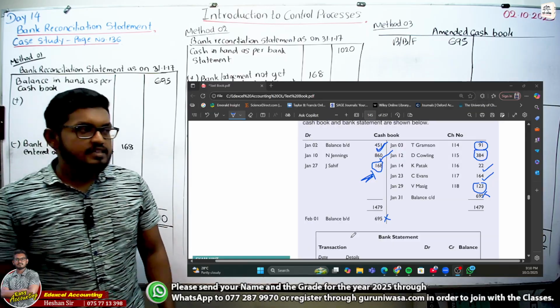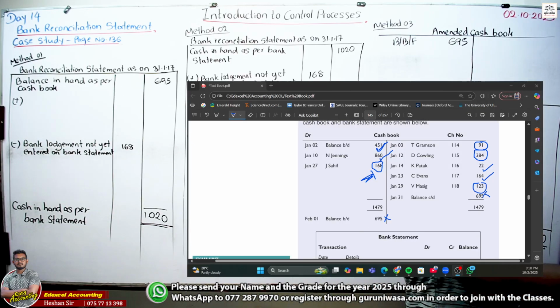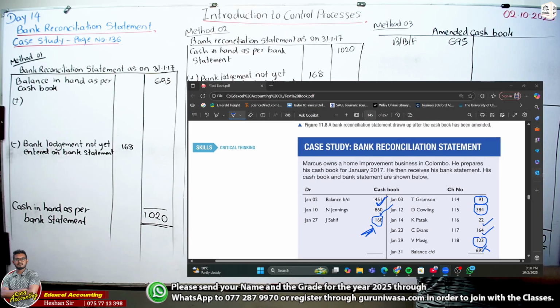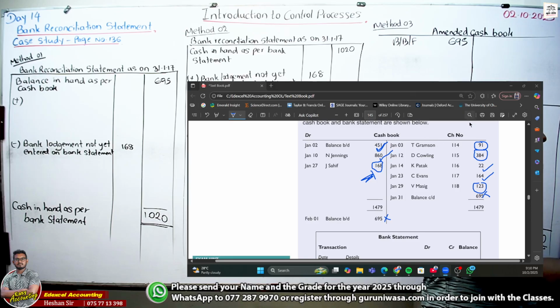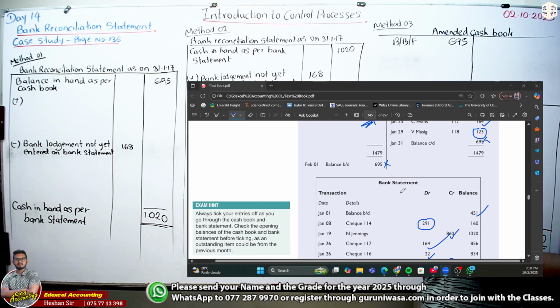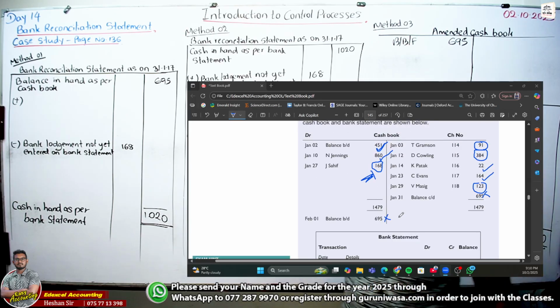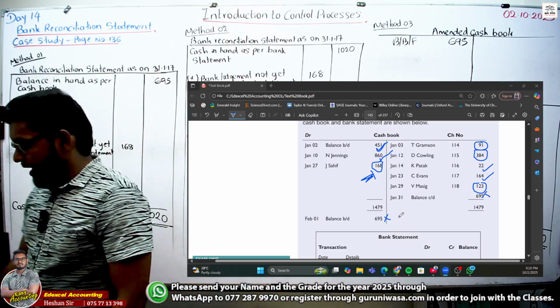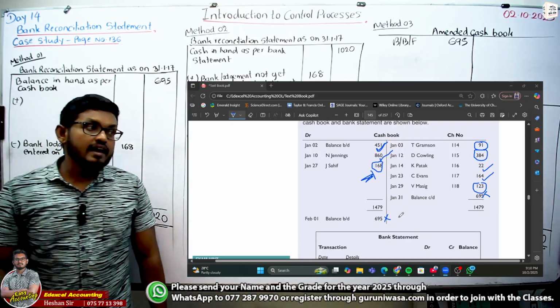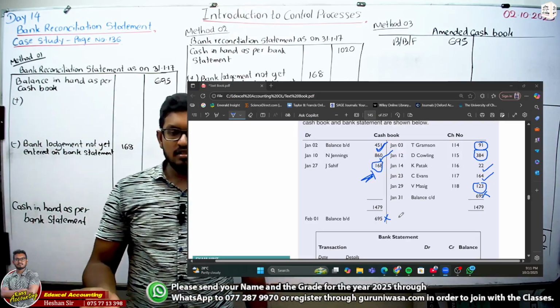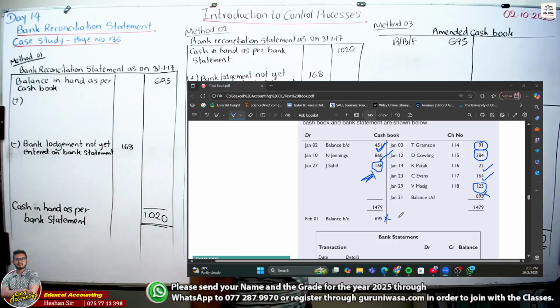There is no information given as to which side. Send me a thumbs up. They should tell us whether the error is in the cash book or in the bank statement. Sometimes the business recorded correctly, but the bank did not. But sometimes the bank recorded correctly, but the business did not. They need to give additional information.